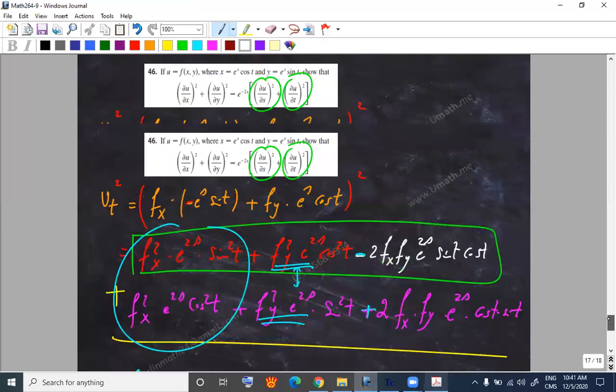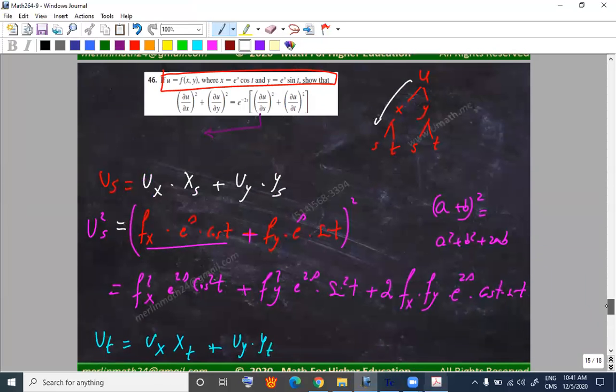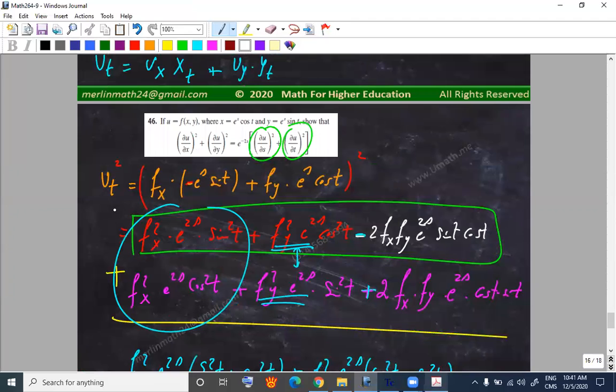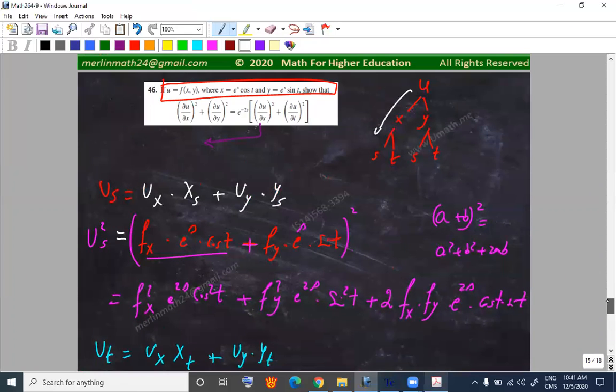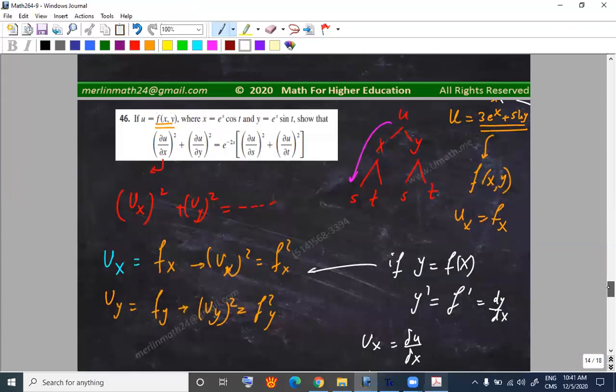Okay, let us go to where we started. Where's the left side? Let me make it clear. The left side, we are here. This is the left side. u_s squared plus u_t squared. You want to find u_x? No, this is u_s. We wrote it, we started up here. So left, I should write left side.